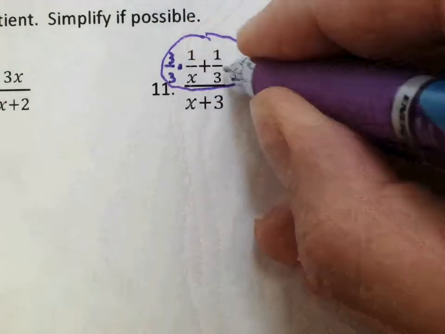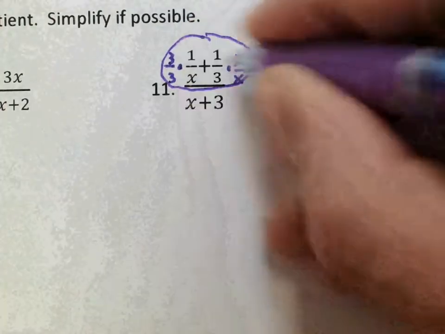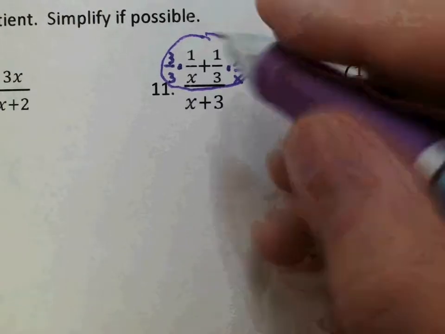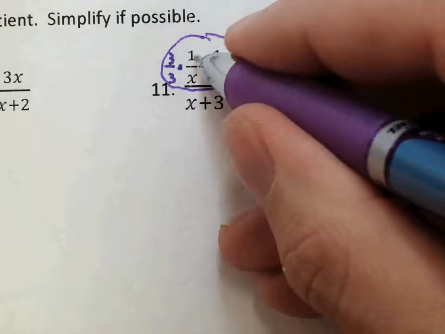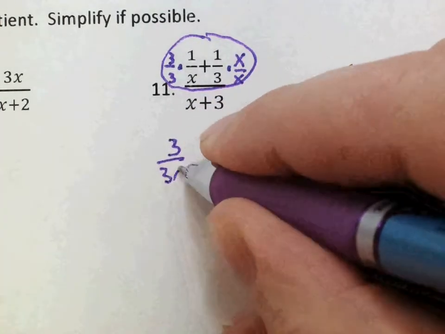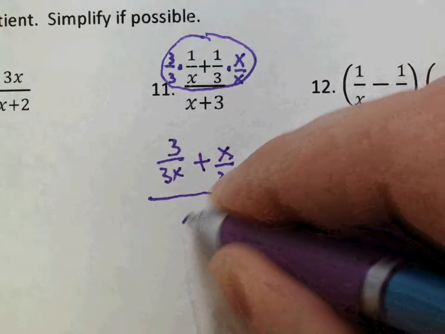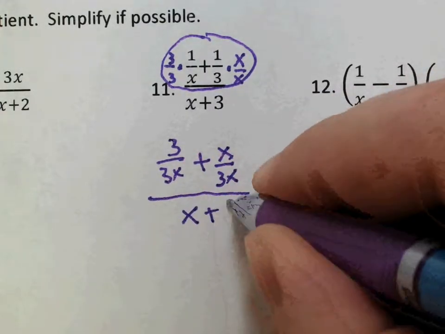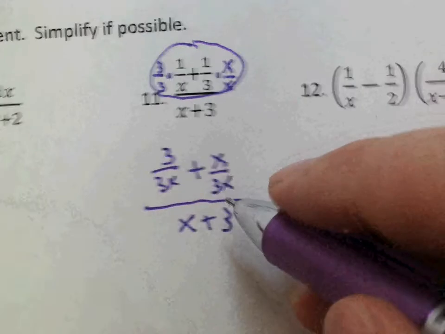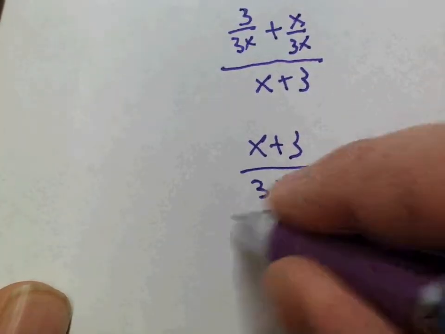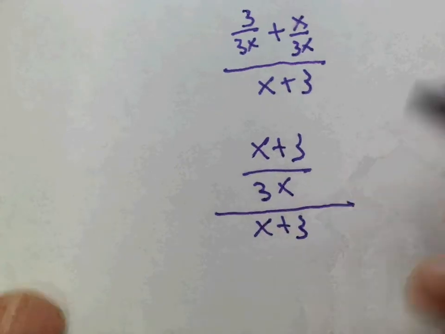I can get to that by multiplying this one by 3 over 3, and by multiplying this one by x over x. Notice that I'm multiplying by 1, so I don't change the value of the fractions. So this becomes 3 over 3x plus x over 3x, and it's all still being divided by x plus 3. I can combine these now. This is going to be x plus 3 over 3x, all divided by x plus 3.